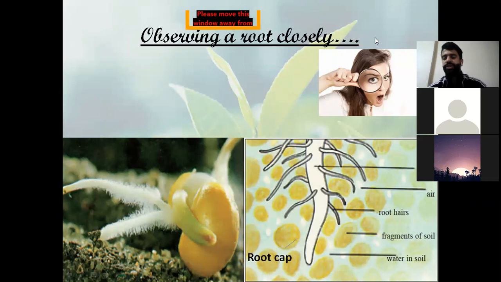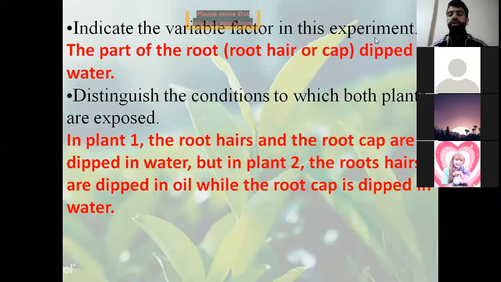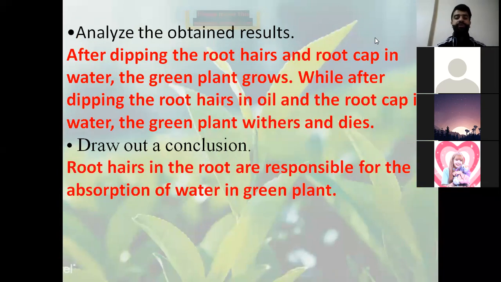Okay, Zahra, we'll leave the question till the end, okay? So the root cap and the root hairs, both of them are parts of the root, and we identified the parts responsible for absorption of water. As a conclusion, the root hairs in the plant are responsible for absorption.